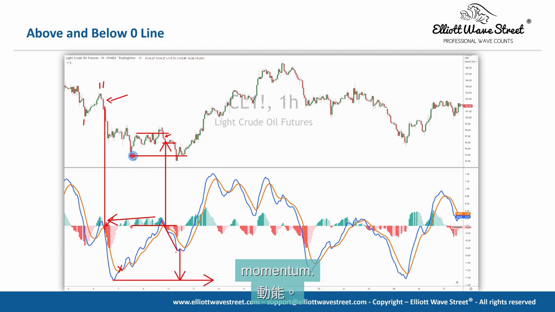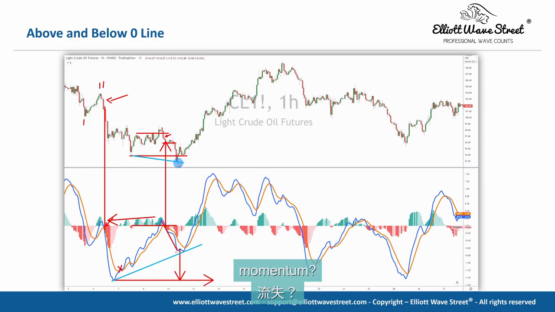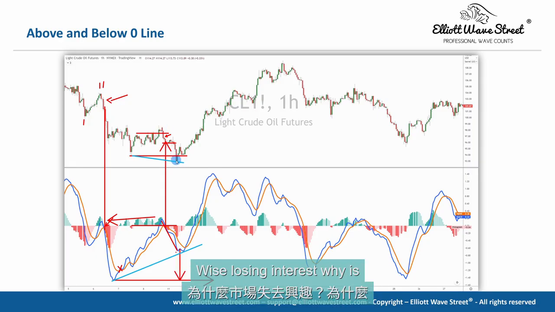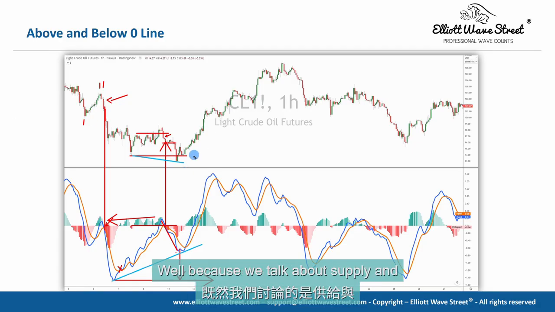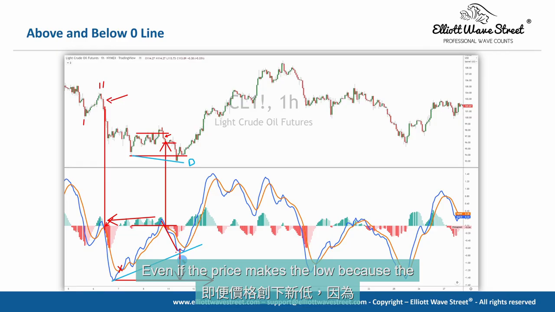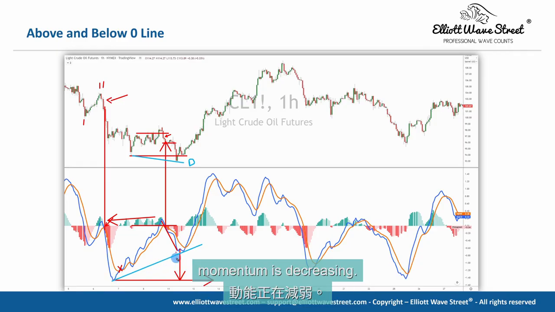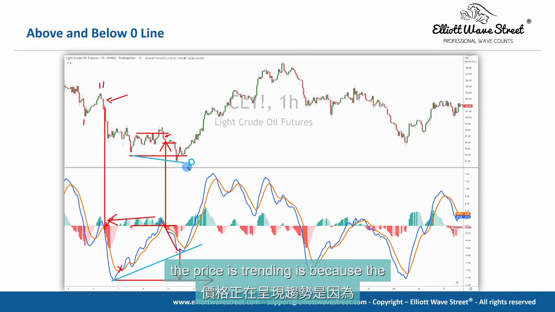And the next question is, why is it losing momentum? Why is it getting weaker in the leg down? Well, if we talk about supply and demand, clearly demand is stronger than supply, even if the price makes a new low, because the momentum is decreasing. So remember, when the momentum is decreasing while the price is trending, it is because the opposite force is entering the market.